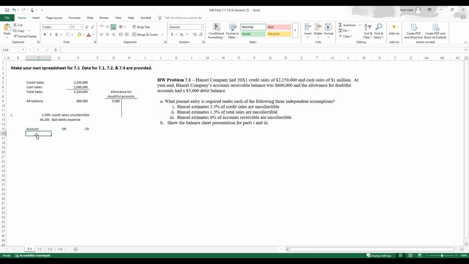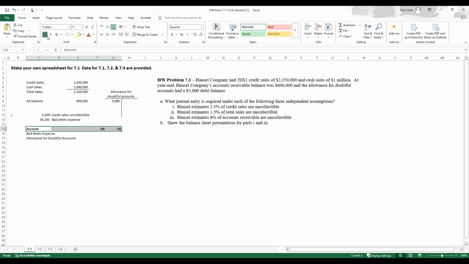So again, you've seen this in the exercises and in class, bad debts expense, and then our credit is to allowance for doubtful accounts. And I'm just going to put these over a little bit farther. Let's do it like this: debit and credit. So those are more easily sized the same.